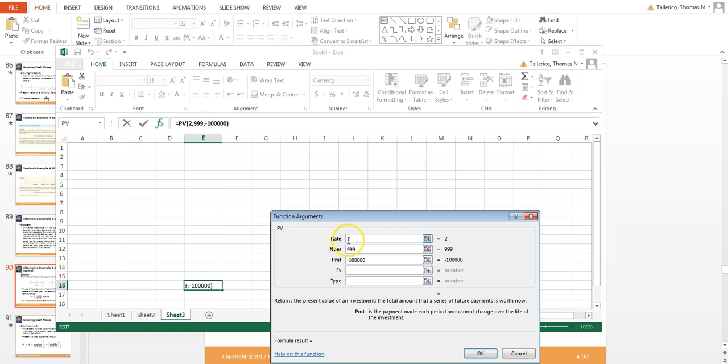Whoops, hold on. That should be 0.02, and you can see it's very, very close to $5 million here. Maybe I have to add another 9 here. I don't know. Let's see. There you go. So now we have $5 million. So again, you can just trick Excel into thinking it's forever.